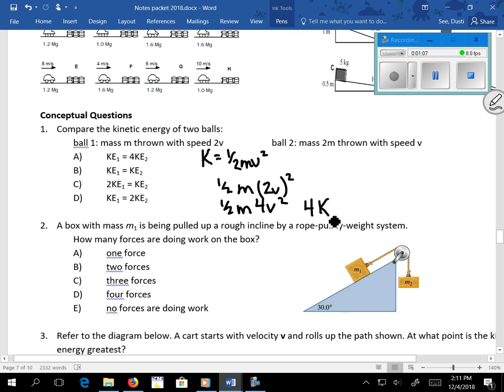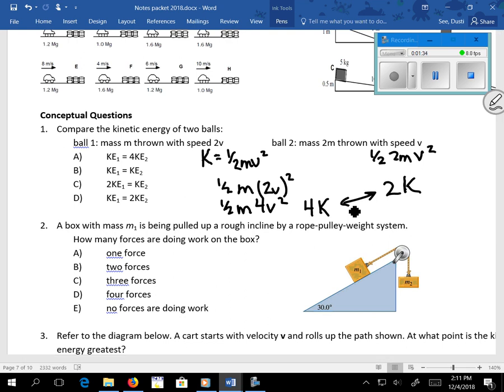And then for this one, we have 1/2 and we have 2m v squared. So when we pull that out, that ends up being 2k. So when we look at ball 1 to ball 2, ball 1 would be 4 times as much as ball 2.